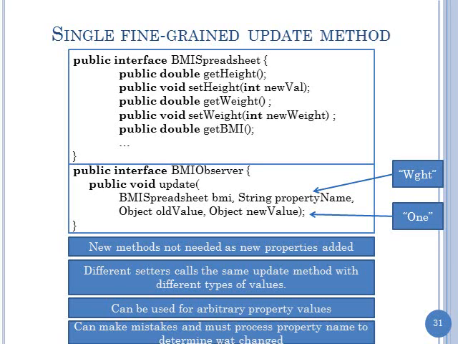Okay, so there's two dimensions here. One is, do you pass the whole BMI spreadsheet, or do you pass components? And there are pros and cons. If you've got lots of properties and only one change, you don't want to send this whole thing to China. If you're going to pass components, this is a syntactic issue.